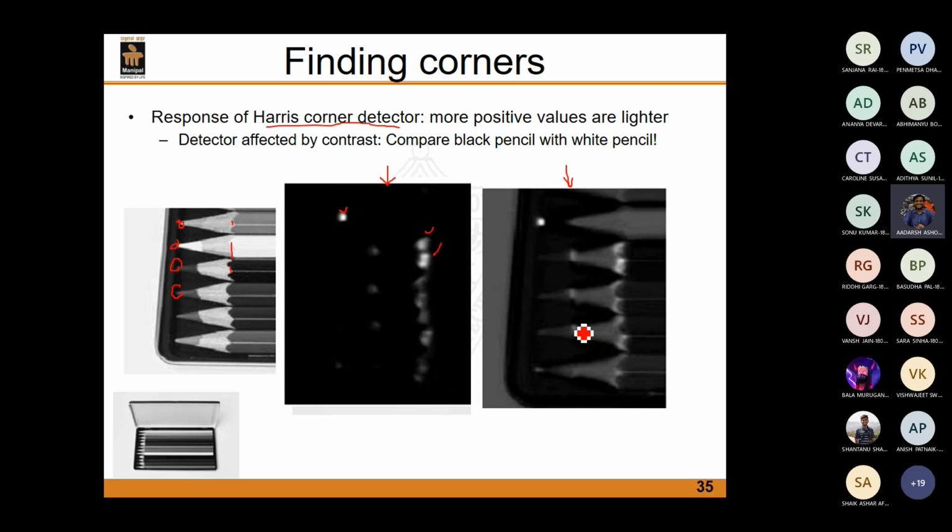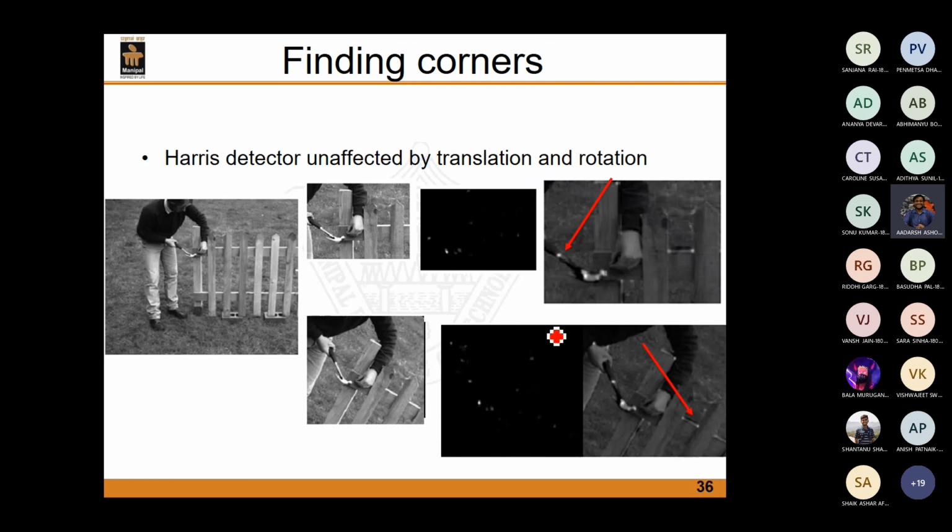But the problem is that it would work well only if the intensity difference between the background and the object is large enough for the gradients to be prominent. Because it is heavily dependent on the gradient, unless you have proper gradient information, it wouldn't be able to properly detect the corners. So that is one disadvantage.